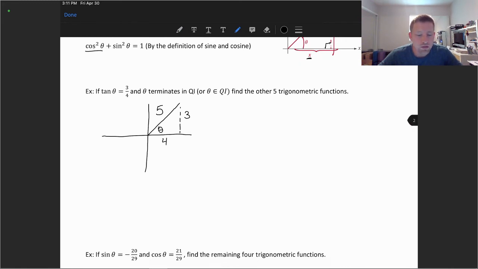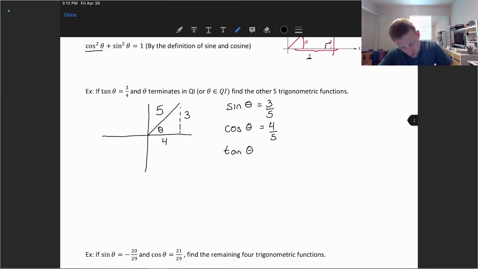And now we can solve for the rest of our 5 trig functions, starting with the sine. Sine of theta we can represent as the opposite over the hypotenuse. Cosine, adjacent over hypotenuse. And then the tangent, we already know, so we can write that down on our board: 3 over 4.